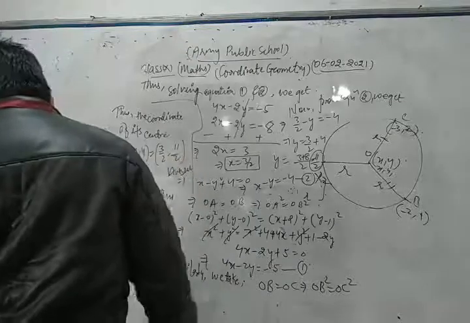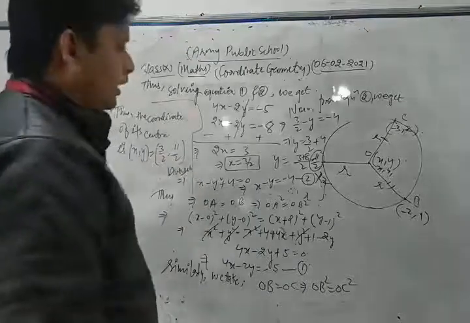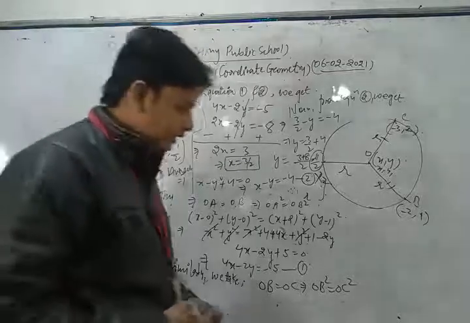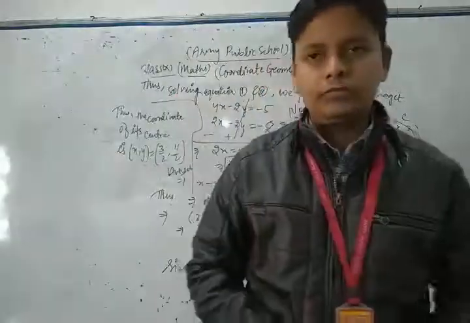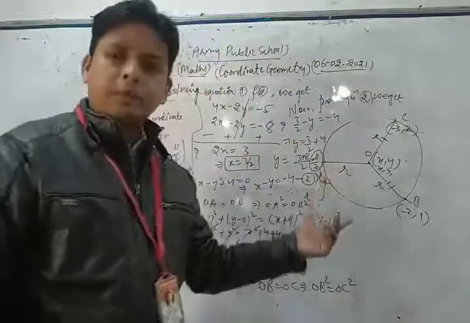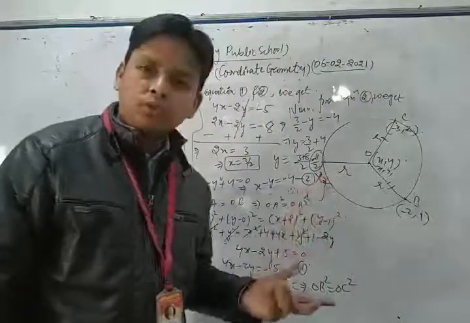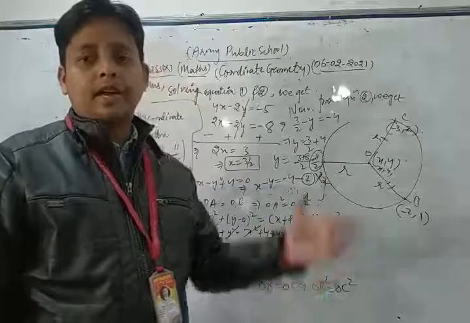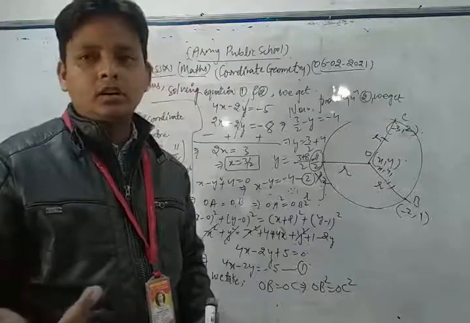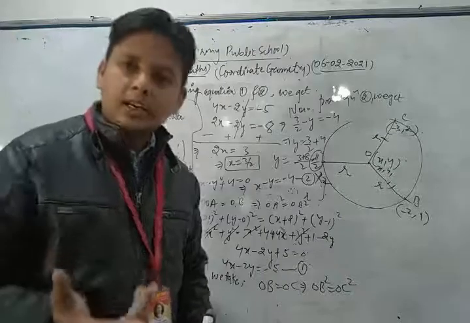Now we also find the radius of the circle. For finding the radius, we find the distance OA, OB or OC by the help of the distance formula, and that particular distance is called its radius.